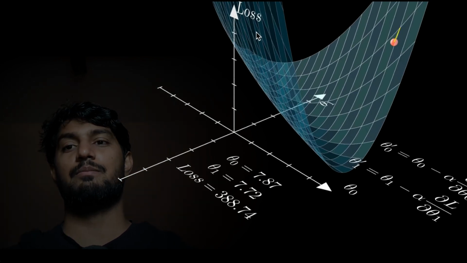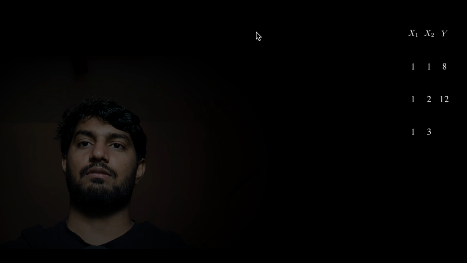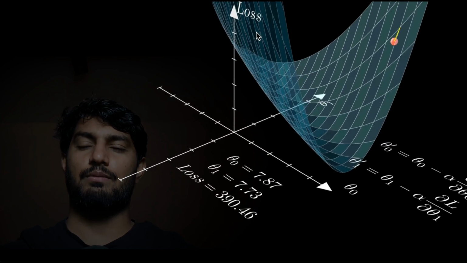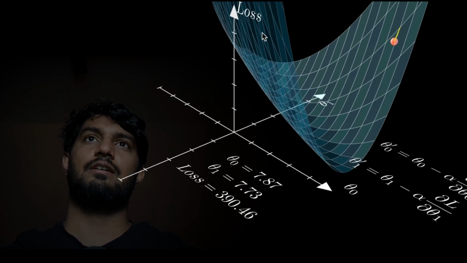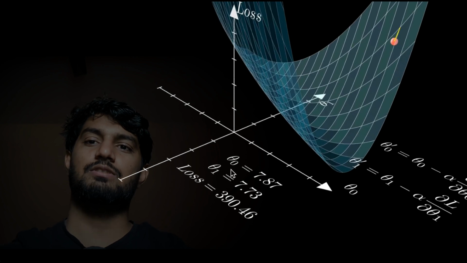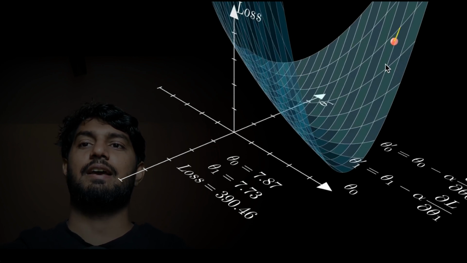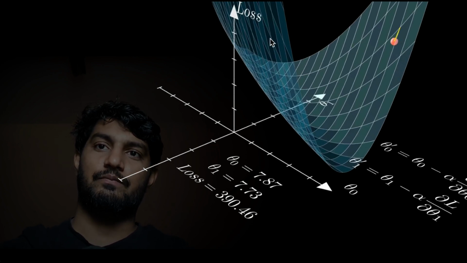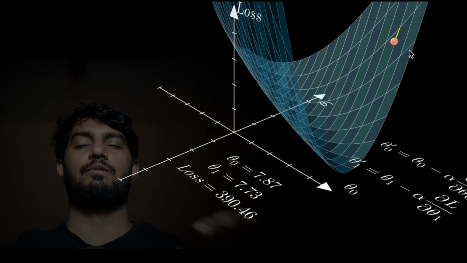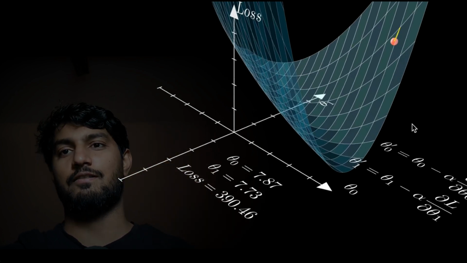If you remember our previous loss function, you can input this theta value 7, 7, and you'll get a very big loss value after calculating. So we plot that point over here, and if we plot so many little points, it will look like a curve like this.